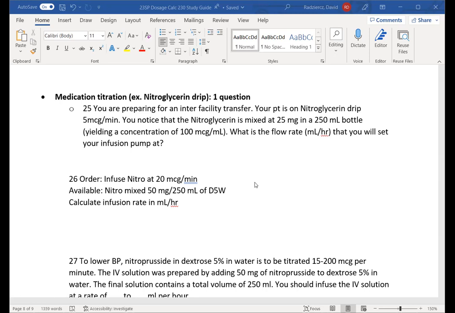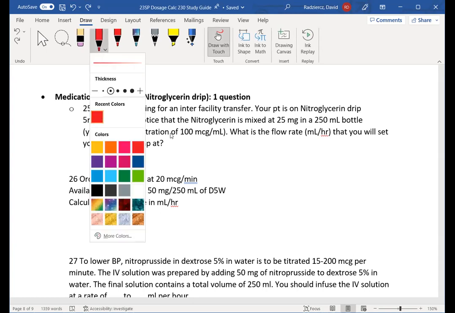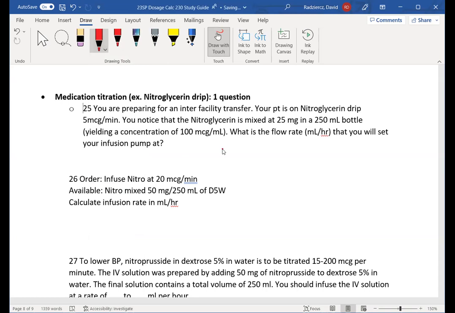Okay, so let's do a couple of these conversion problems. For this one, we have a couple pieces of information. It tells me 5 micrograms per minute. I like to draw in red, so let's get that going. Okay, 5 micrograms per minute.